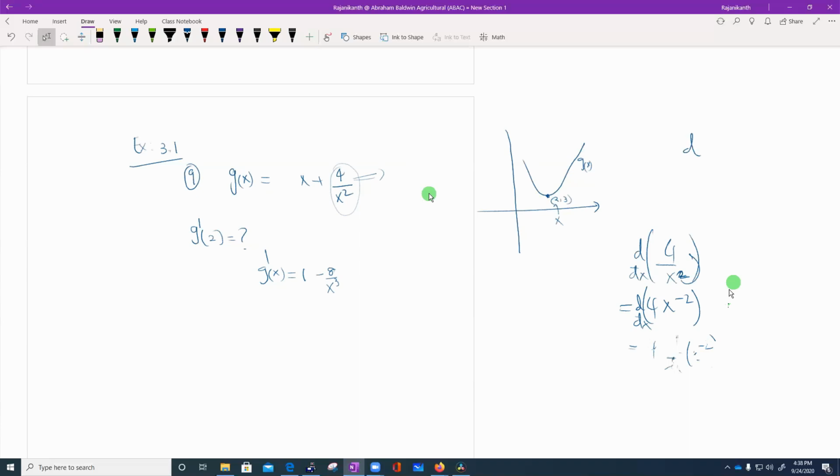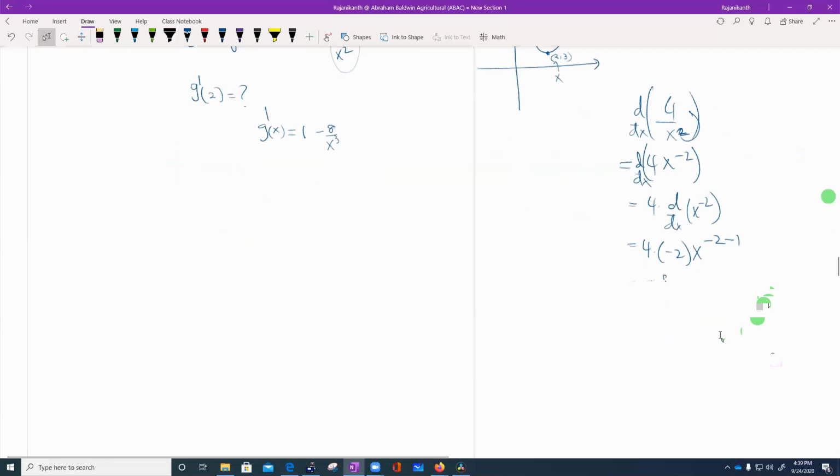Remember the formula we have for the power rule, the derivative of x to the n is nx to the n minus 1. Now in this case our n is negative 2, so plugging negative 2 here, you will get 4 times negative 2, x to the negative 2 minus 1. So that is negative 8 x to the negative 3. Again, take this, switch back to the denominator. So it's going to be x cubed.